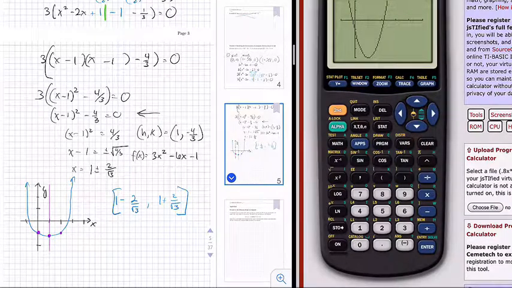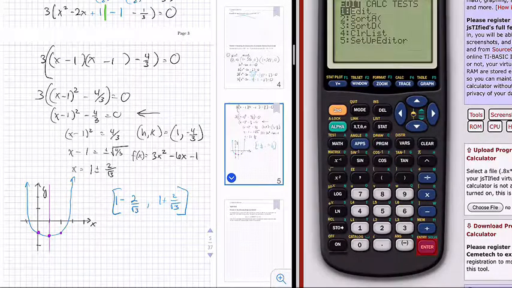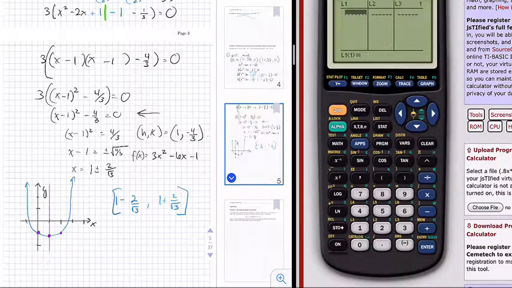So then what I want to do is go to stat. I want to edit the first one, and I want to plot my points. Like my intercepts, my first one is 1 minus 2 divided by the square root of 3. Okay, so that's my first x-intercept.